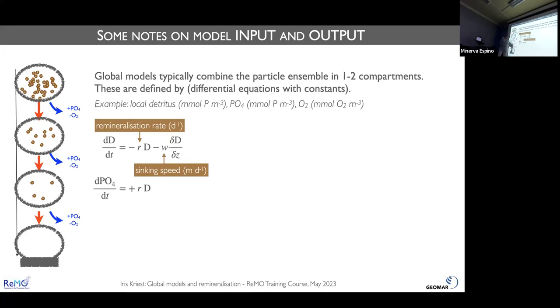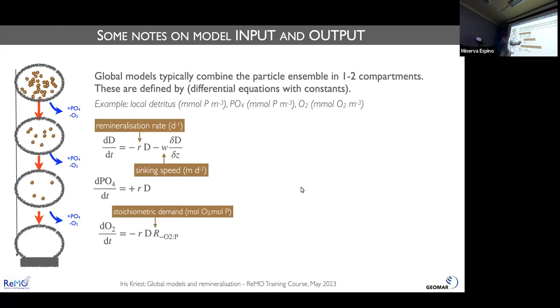And of course, there are things like sinking speeds. When detritus decays, the phosphorus in detritus is being released as phosphate, so we increase the phosphate component by the same amount. And then associated with it might be a change in oxygen, if we consider oxygen in our model.